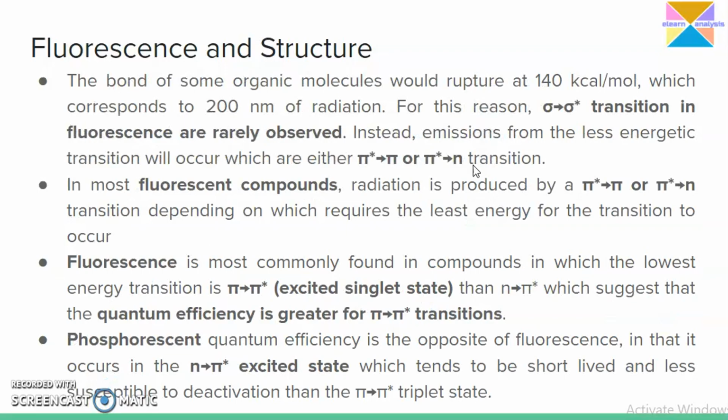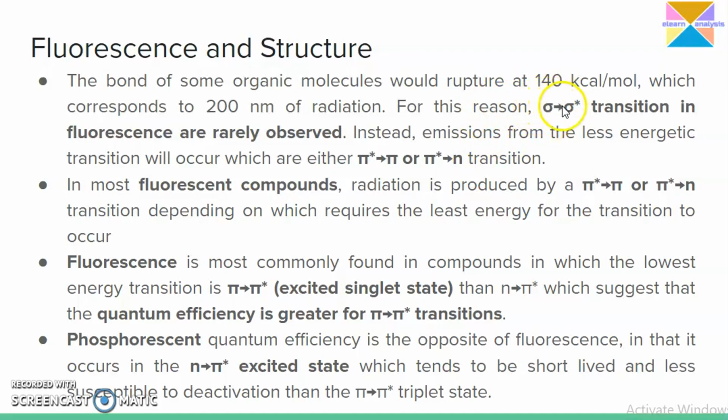The bonds of some organic molecules, as I mentioned, would rupture at the higher energy regions, even at 140 calories per mole. For this reason, the sigma to sigma star transition is rarely involved in fluorescence phenomena.